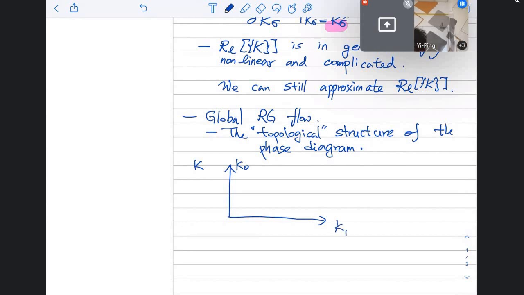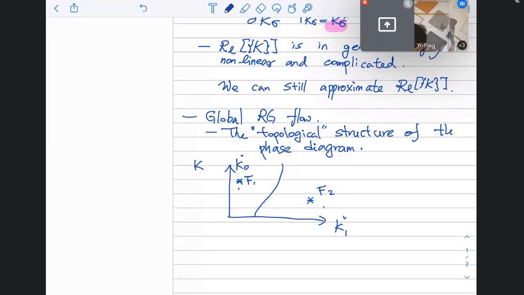Maybe you have a phase characterized by a fixed point, let's call it F1, and maybe there is another stable phase, let's call it fixed point F2. For different models, the meaning of these K0 and K1 might be different, but you still have the fixed points F1 and F2, and because they are different phases, there will be a phase boundary that separates these two phases.